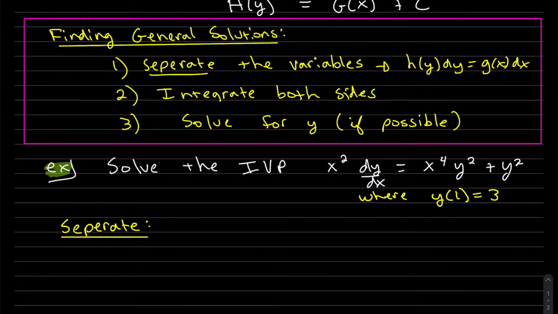So we're going to solve the initial value problem where y of 1 is equal to 3 is our initial value. We'll be plugging that in at the end and solving for c just like we did in chapter 1.